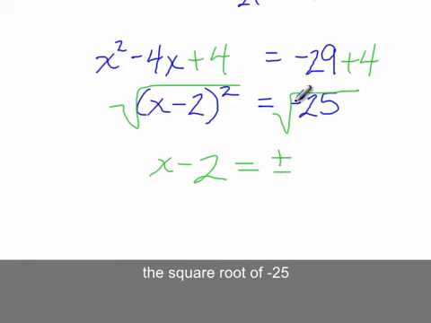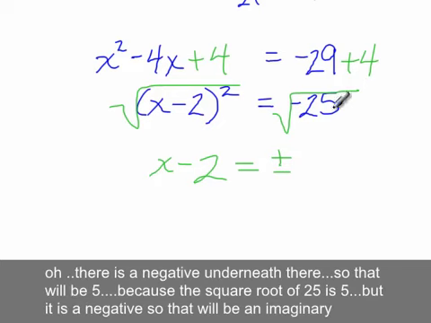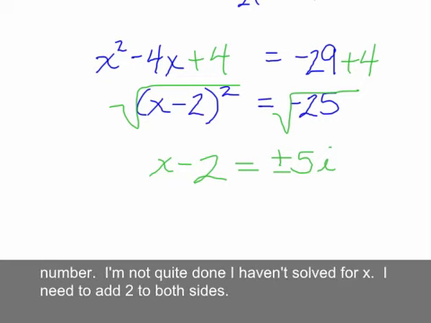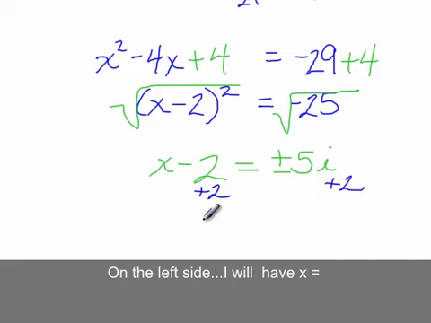The square root of negative 25, oh, there's a negative underneath there. So that will be 5, because the square root of 25 is 5, but it's a negative, so I know that's going to be an imaginary number. I'm not quite done. I have it solved for x. I need to add 2 to both sides. On the left side, I will have x is equal to.